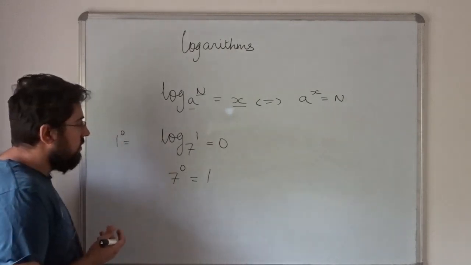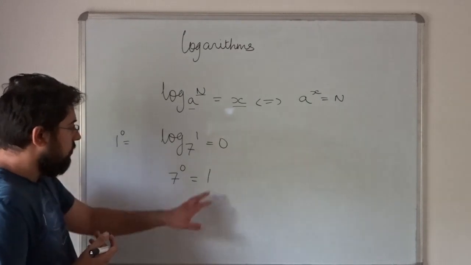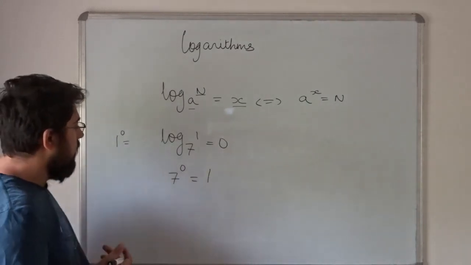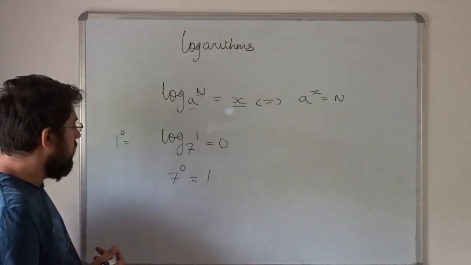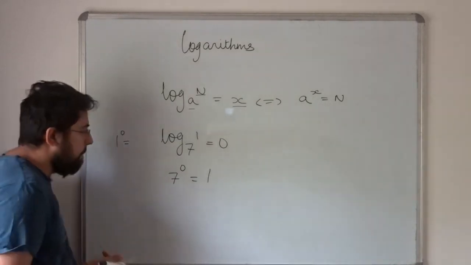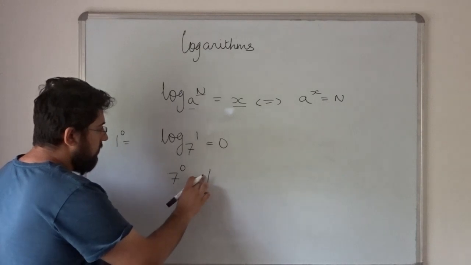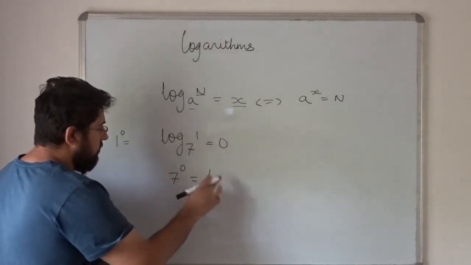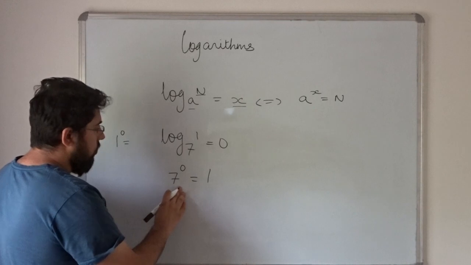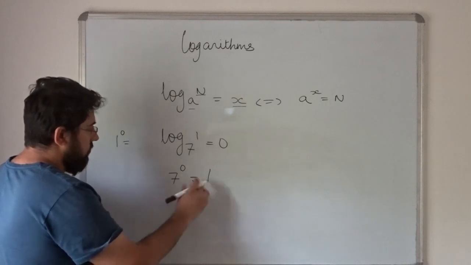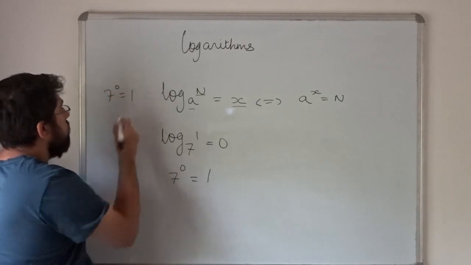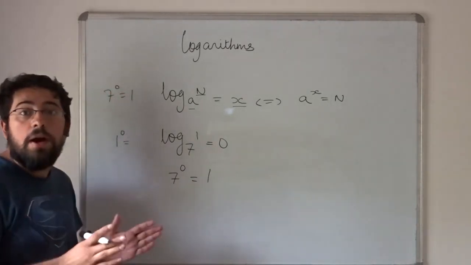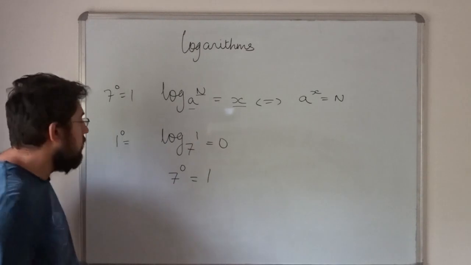So in a case like this, what do you realize? What you should realize is that even on this side, you have to have 7 to the power 0, because remember, anything to the power 0 equals 1.